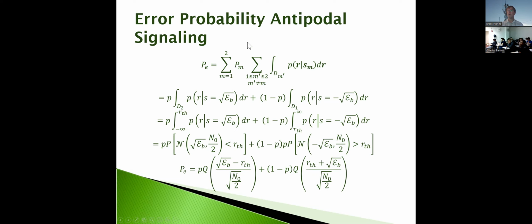So there's this outer summation implies that there's a couple of terms here, and let's look at this. So we have this integration for D2 here, where we're looking at R in the region of D2, where S is basically S sub 1, right?